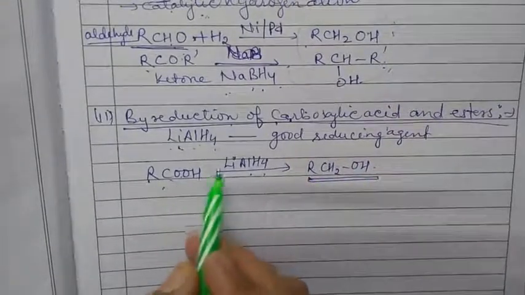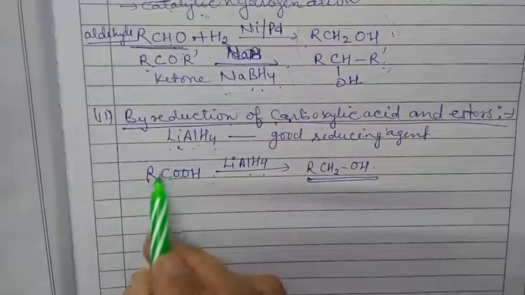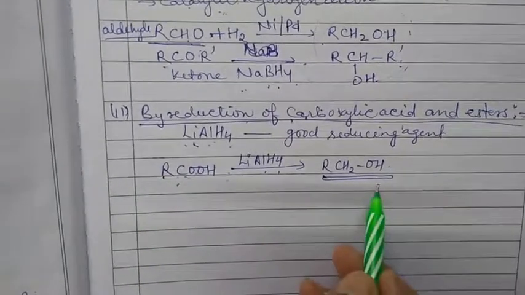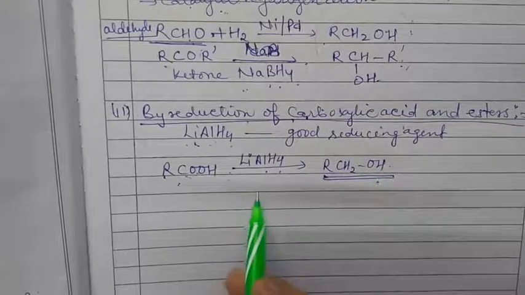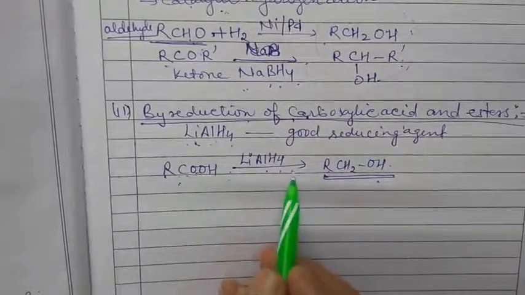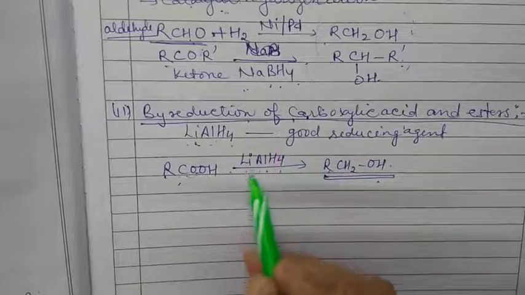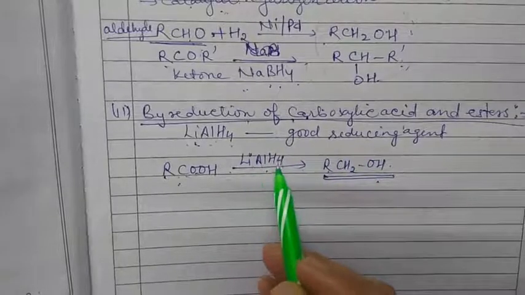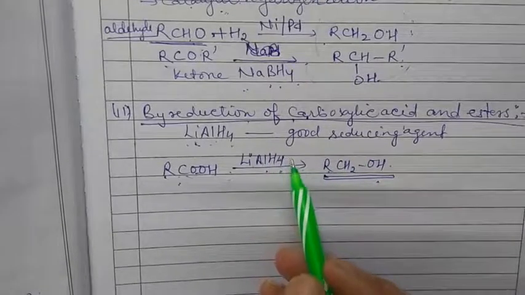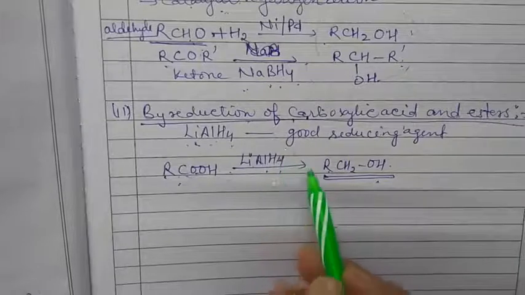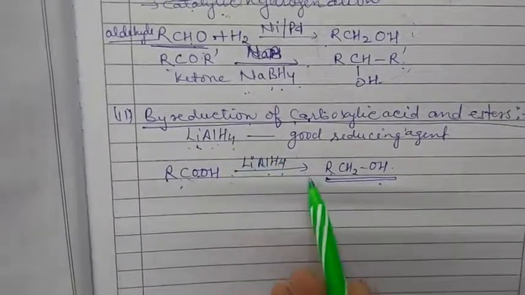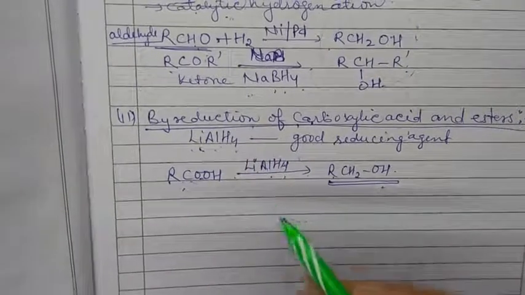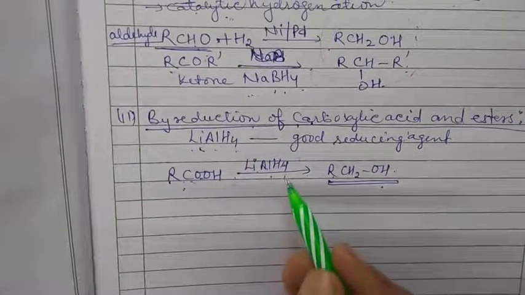Addition of hydrogen takes place, so definitely there will be formation of alcohol. Lithium aluminum hydride is a very expensive reducing agent, and therefore it is used to prepare special kinds of chemicals only.